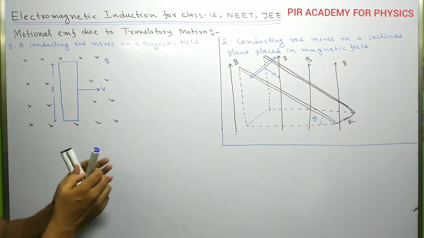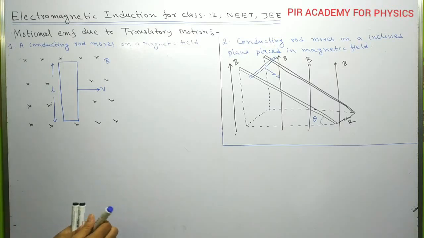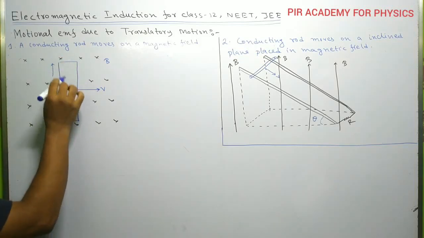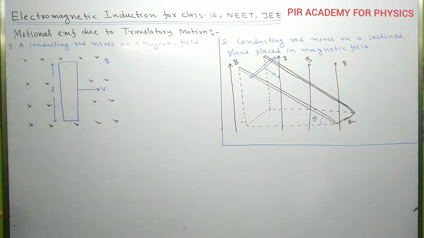rule. You can easily find out the direction of force on the charge. There is a free electron on this conductor.